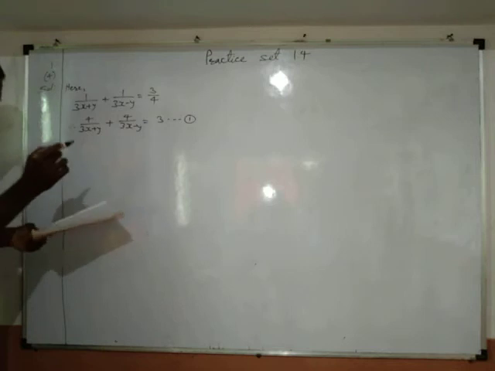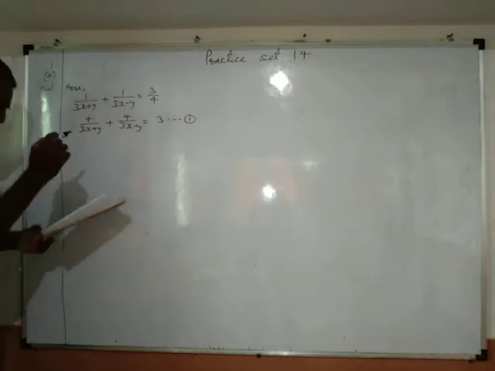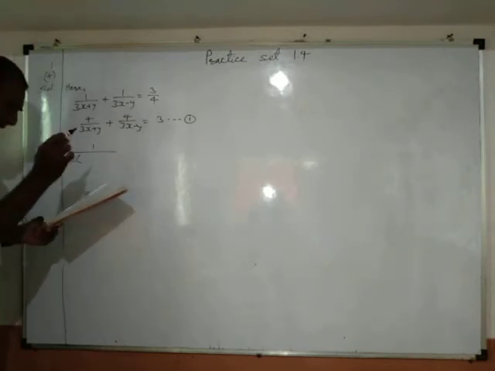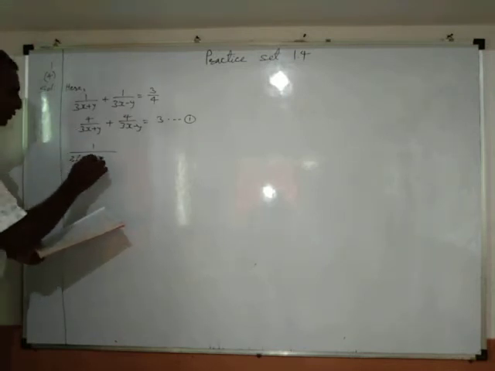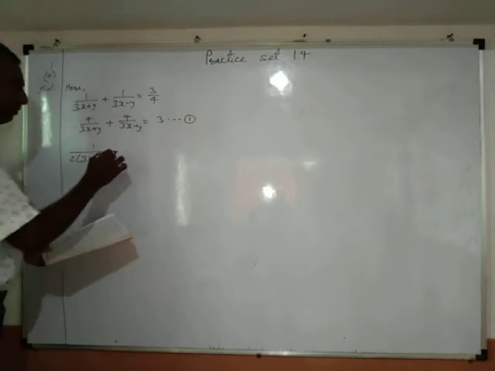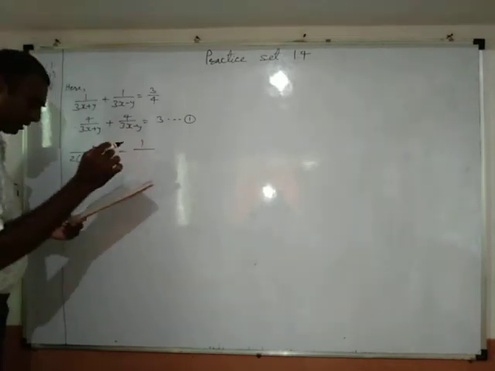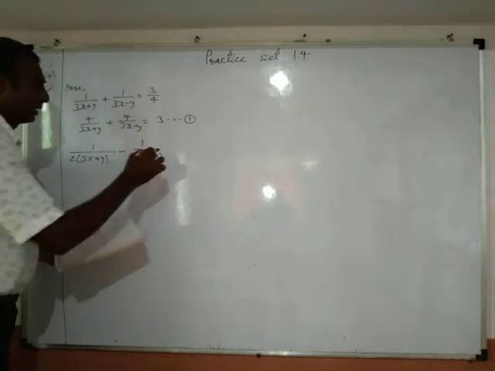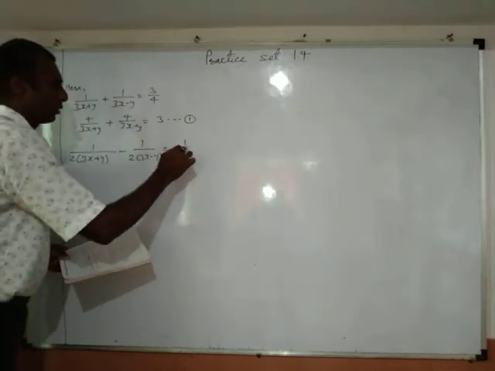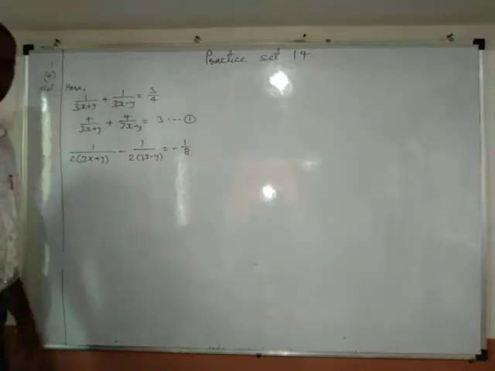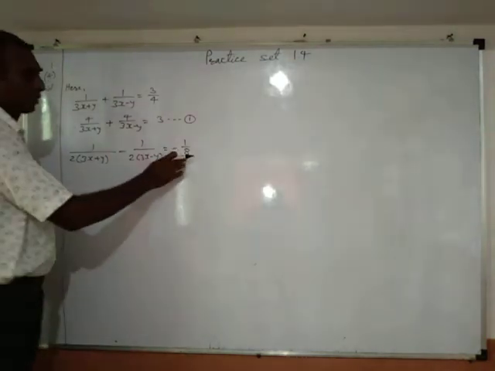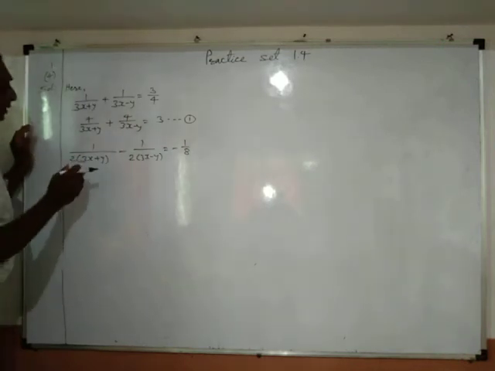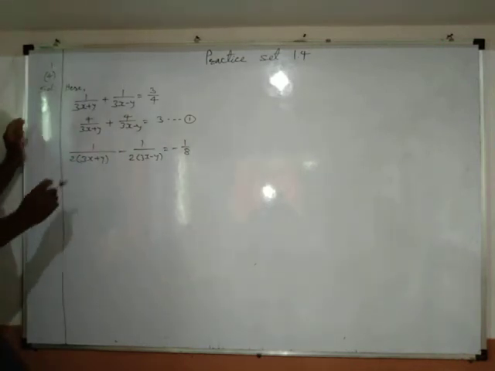Similarly, here 1 upon 2 in bracket 3x plus y minus 1 upon 2 in bracket 3x minus y equals minus 1 upon 8. Now let's remove that 8 from the denominator of the right side. That's why we need to multiply both sides by 8.